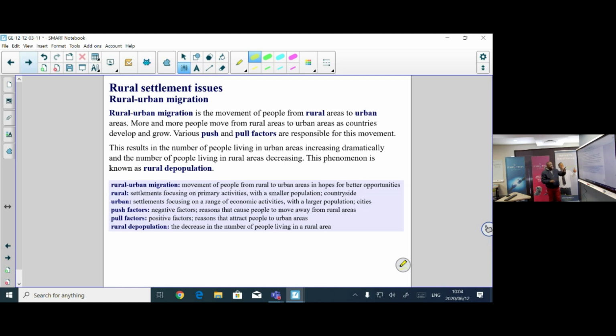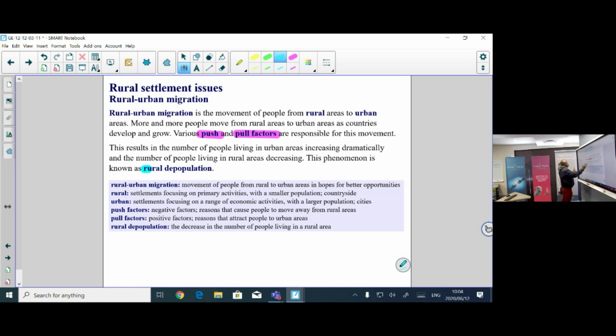So those are the push and pull factors, which are responsible for this movement. This results in the number of people living in urban areas increasing dramatically and the number of people living in rural areas decreasing. The phenomenon is known as rural depopulation.